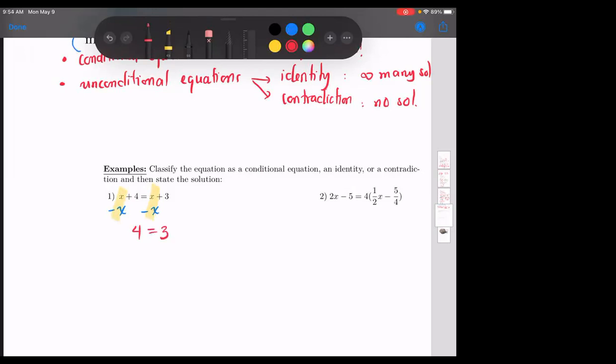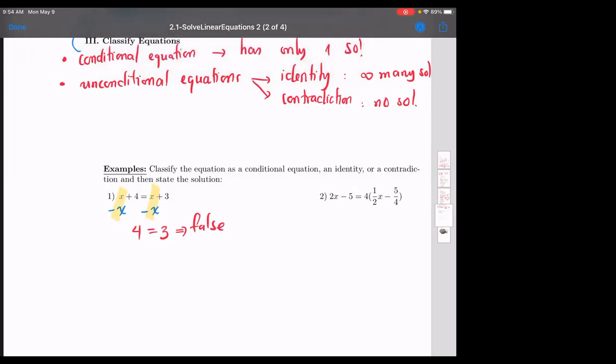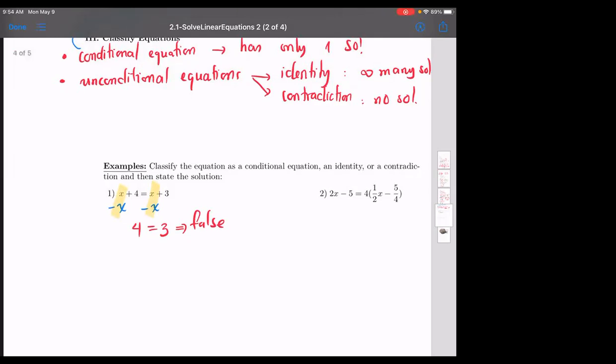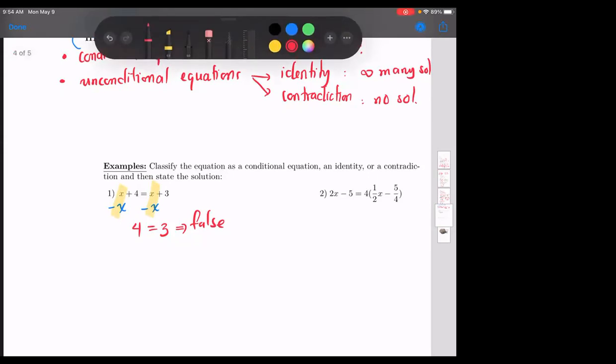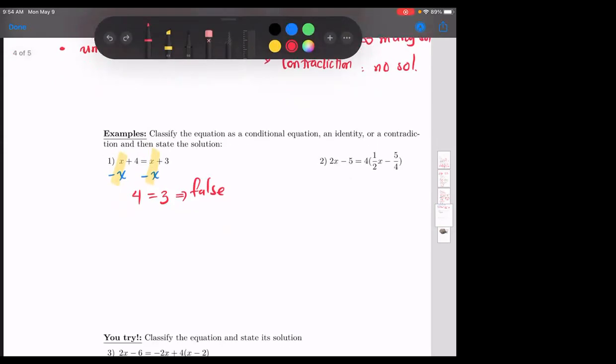Is 4 equal to 3? No, not in this universe. 4 is not equal to 3, so false. So that means this equation has no solution. Any x that you take from negative infinity to positive infinity, any number that you pick on the number line does not satisfy it, at least in the real number world. So no solution.